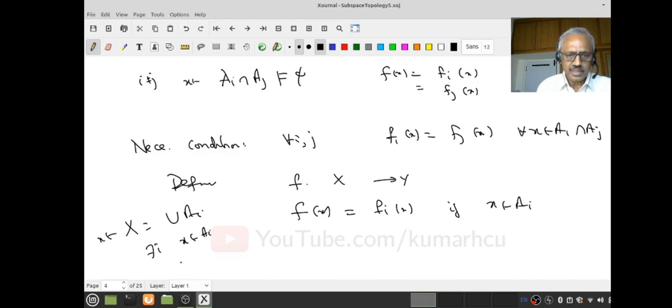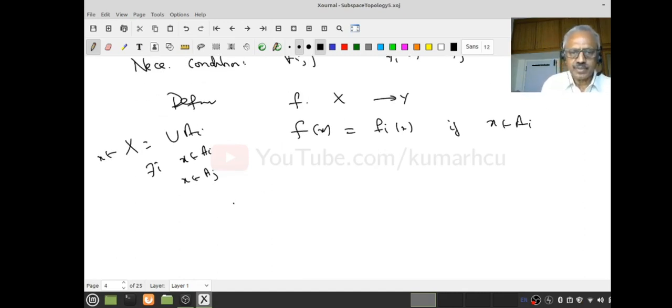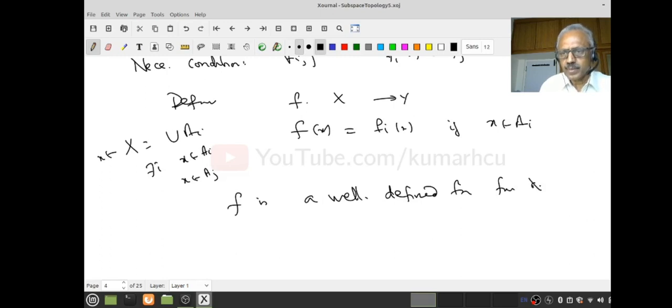But suppose x belongs to A_j, then I have to define f_j(x), but our necessary condition is f_i(x) equals f_j(x), since x lies in the intersection of A_i and A_j. Therefore f is a well defined function from X to Y. Okay, pause, review and proceed.